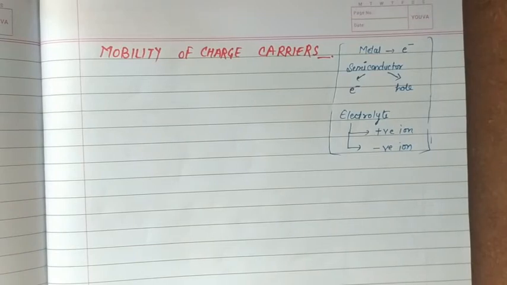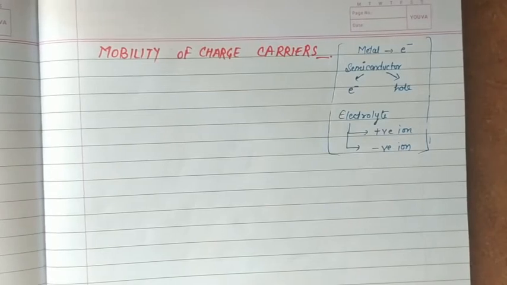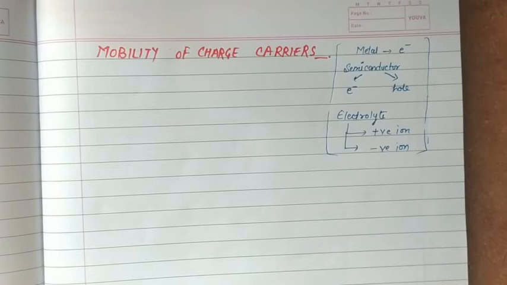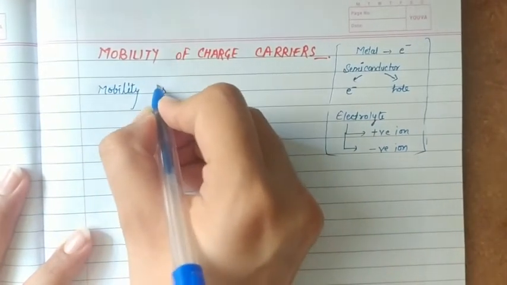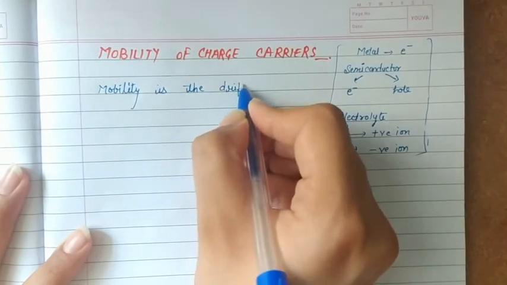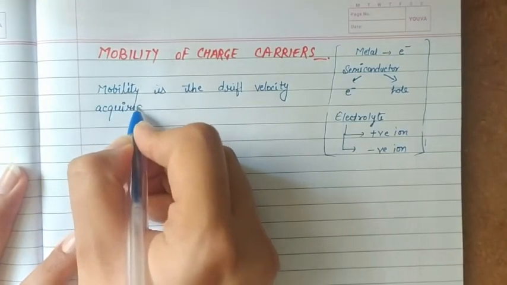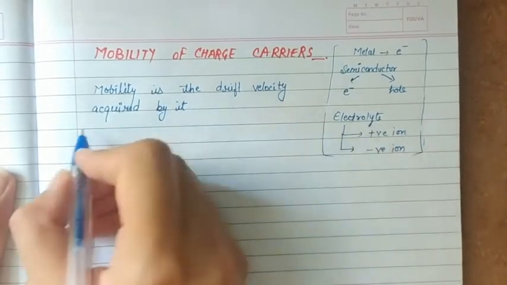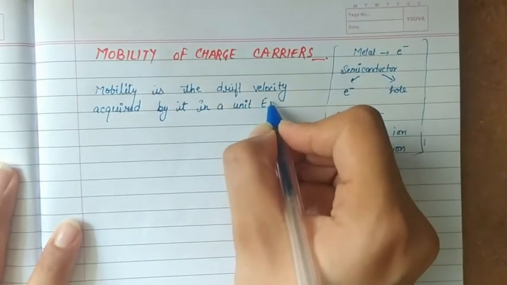Now here comes the definition of mobility. If we apply unit electric field to the material and the acquired drift velocity is Vd, then the mobility of the charge carrier is equal to Vd, or we can say that mobility is the drift velocity acquired by the material's charge particles in a unit electric field.